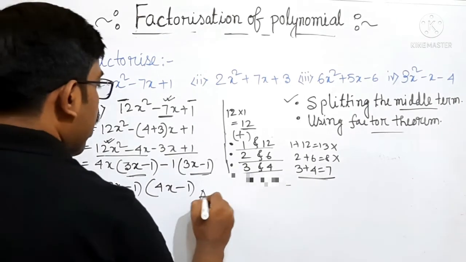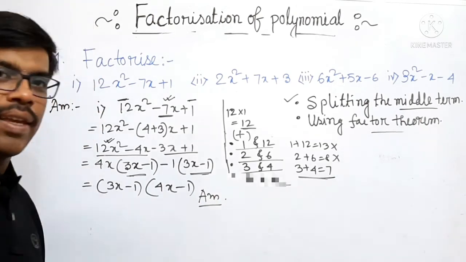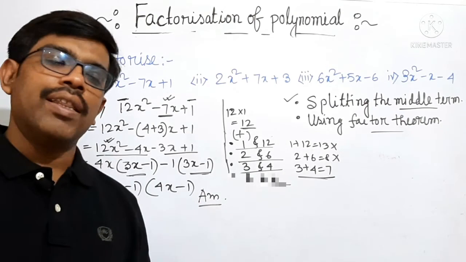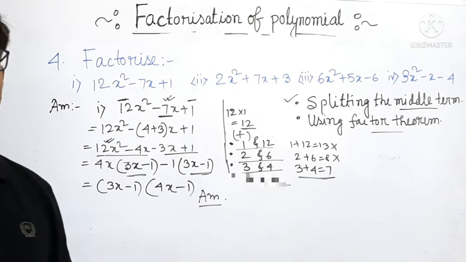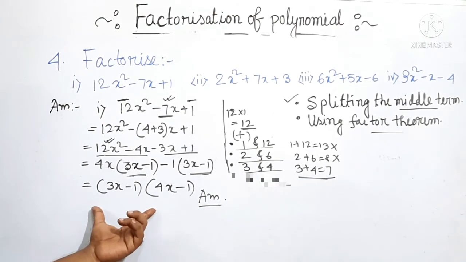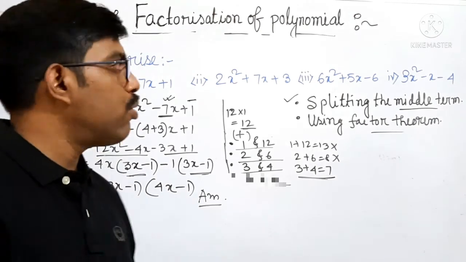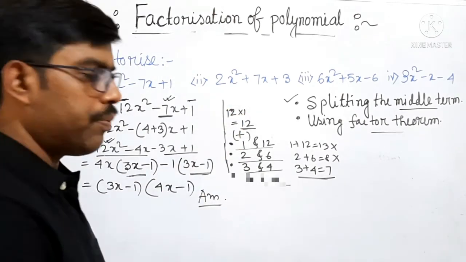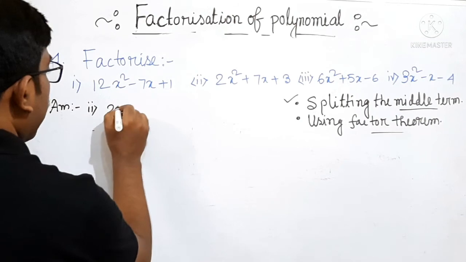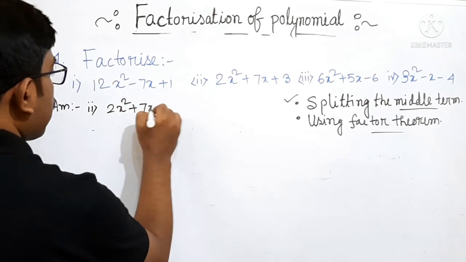So this is the answer. Once you understand the procedure, it is very easy for everyone. So this is the splitting the middle term method. Next I will do problem number 2. Problem number 2 is 2x square plus 7x plus 3.